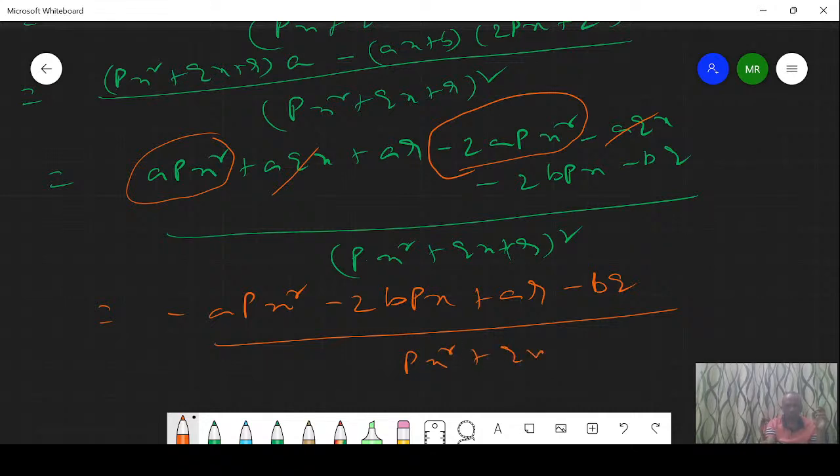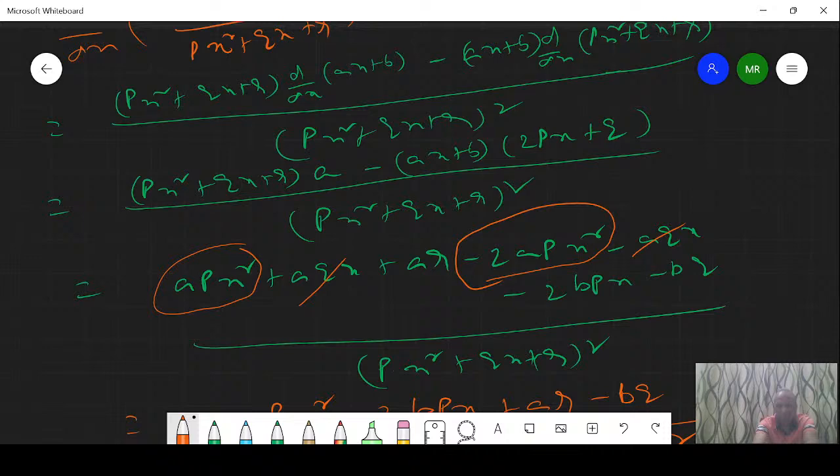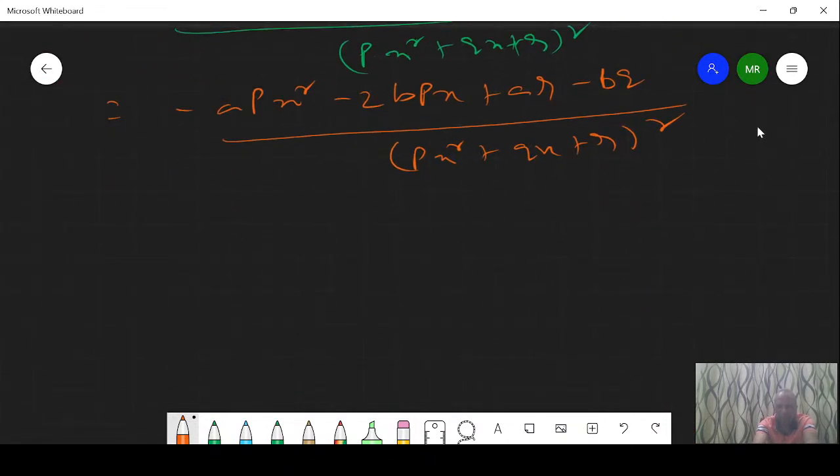So this will be the required answer, right? Just applying the quotient rule, we can do this. That will be the required answer.